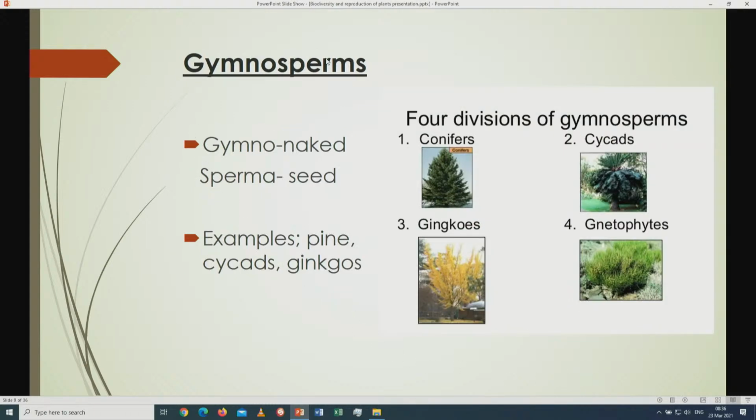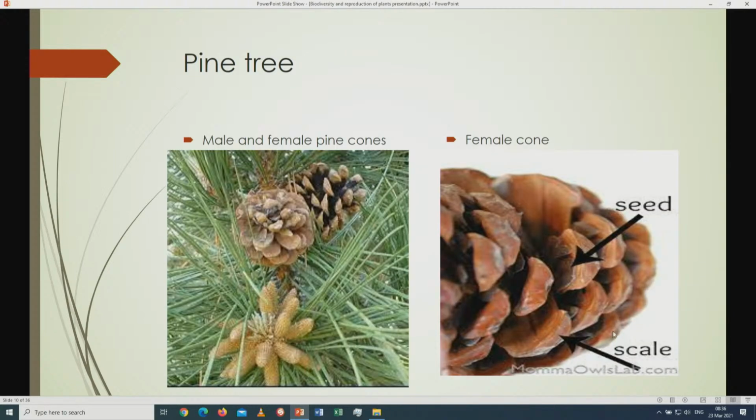Coming to the gymnosperms. The word gymno means naked. Sperma means seed. Examples are the conifers, or the pine tree, the ginkgos, and the cycads, to name just a few.